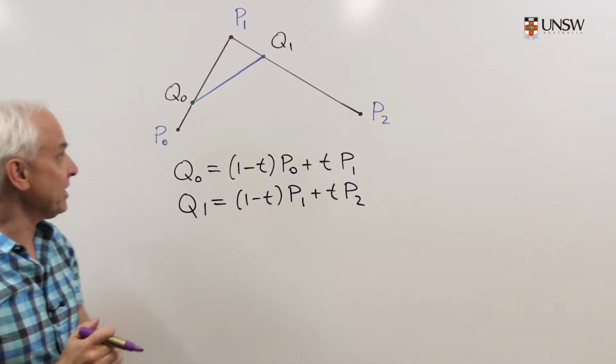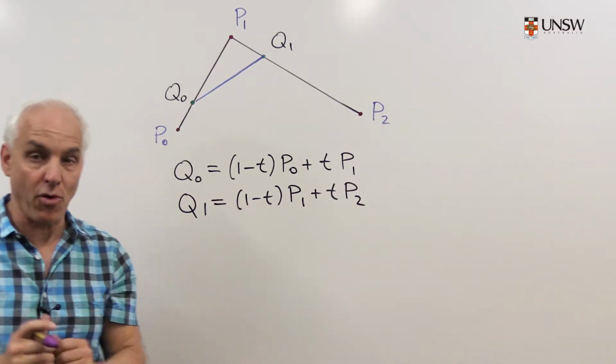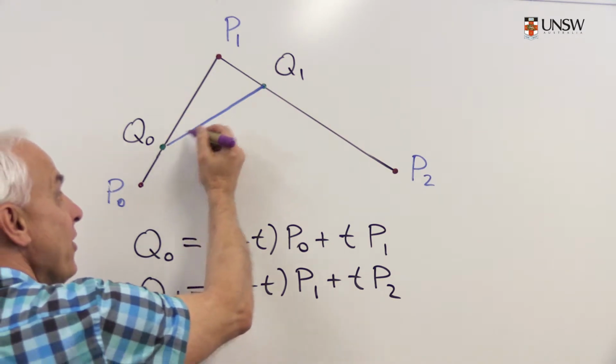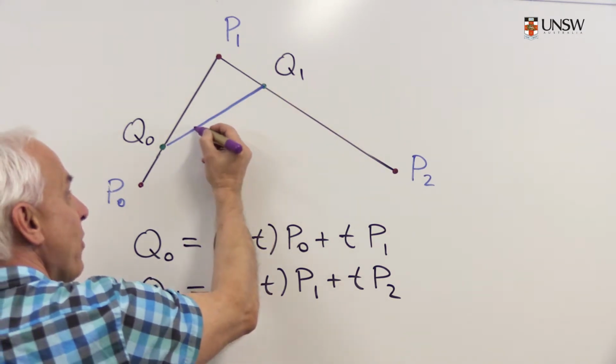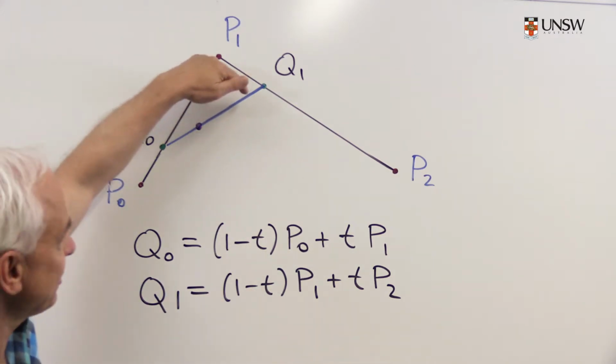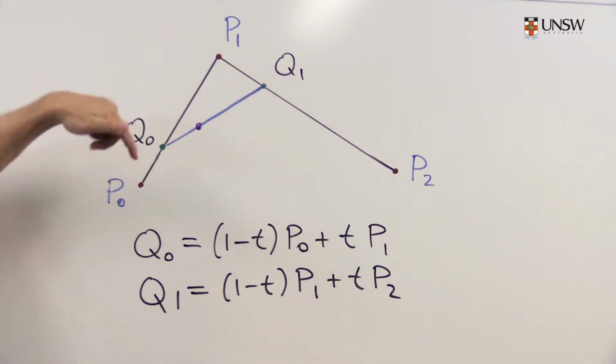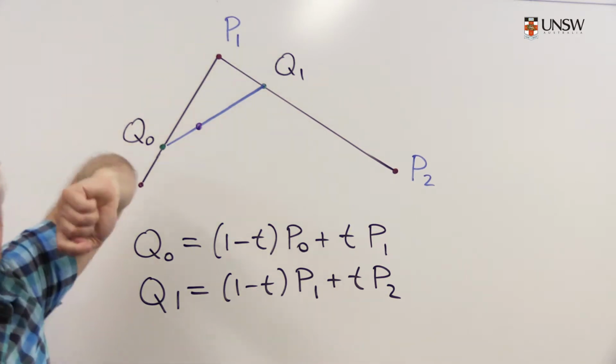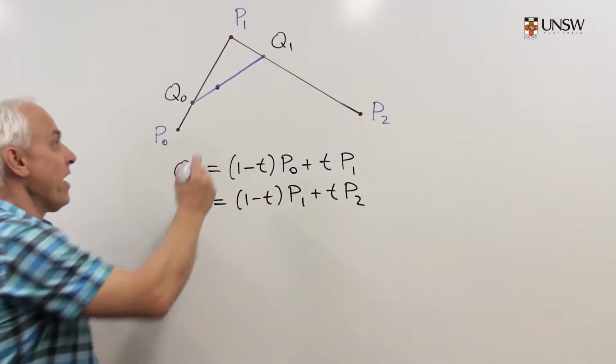And now the interesting idea is to consider a third point, which is on this segment Q0, Q1, which is proportionally the same amount between Q0 and Q1 as Q0 is from P0 to P1. In other words, we're going to define this new point.